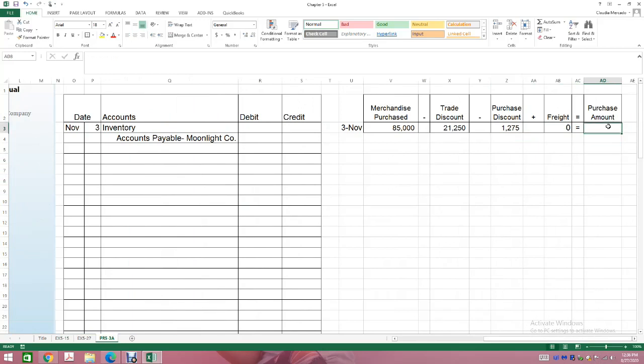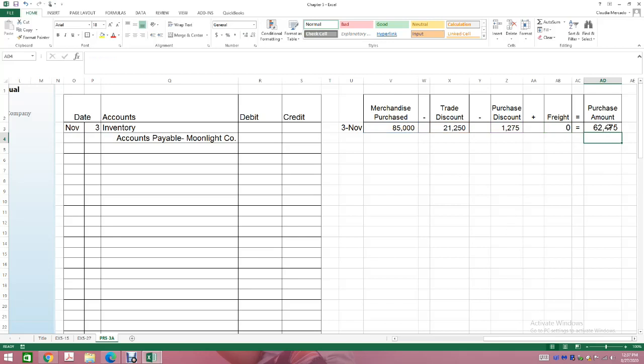Okay, once you do that, then you just basically do what the formula says. It's going to be your 85,000 minus 21,250 minus your purchase discount of $12.75 plus your freight, okay? And that will give you $62,475.